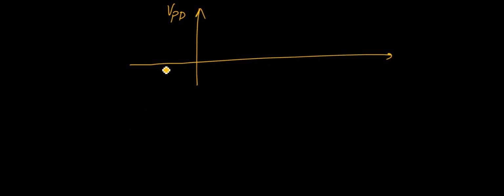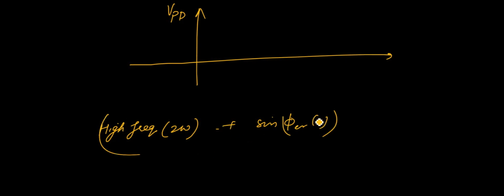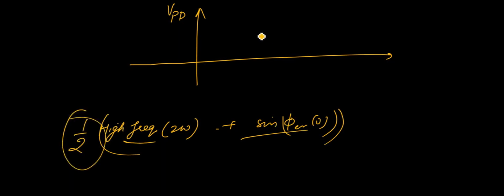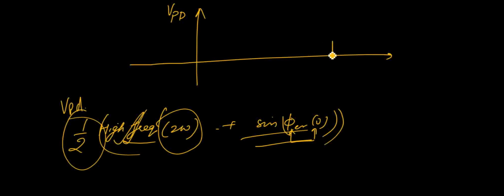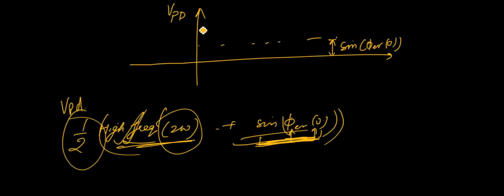There were two components in VPD: one was the high frequency, that was 2 omega, and the other was sine phi error 0, with the multiplication by 1 by 2 outside. If phi error is constant and I draw this VPD, then this is the 2 omega frequency sinusoidal signal, and the constant is added to it, so it will be shifted up by some amount of sine phi error 0.